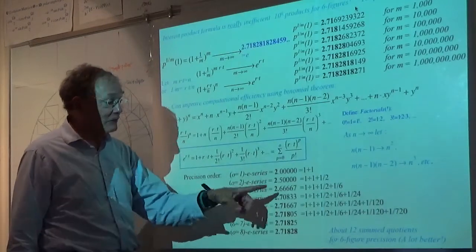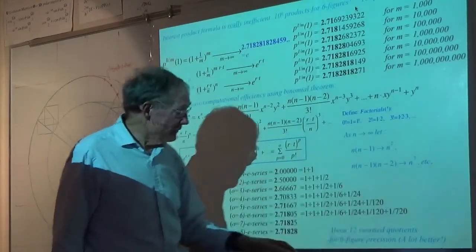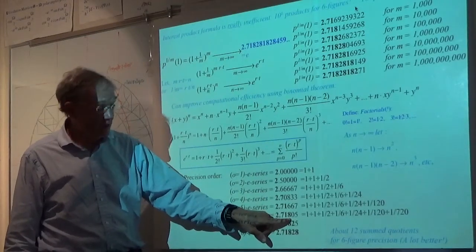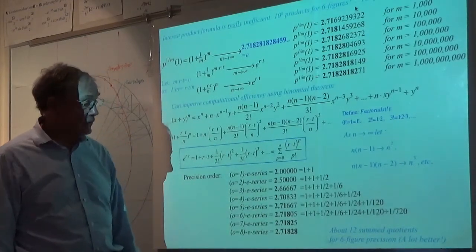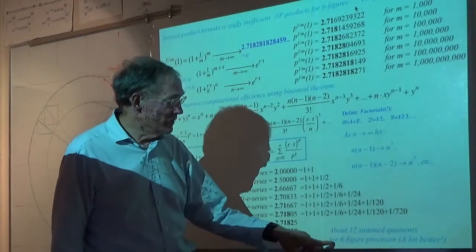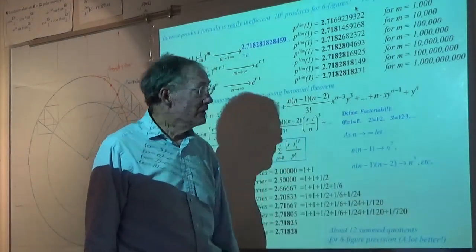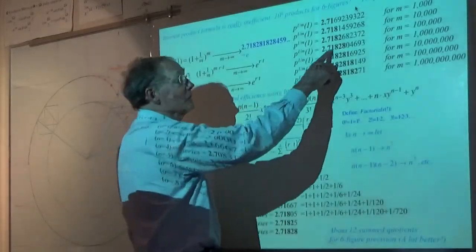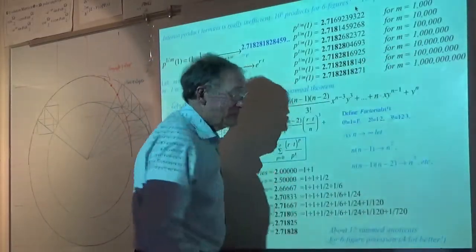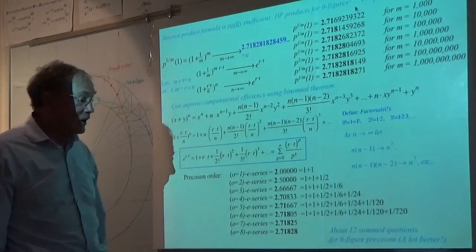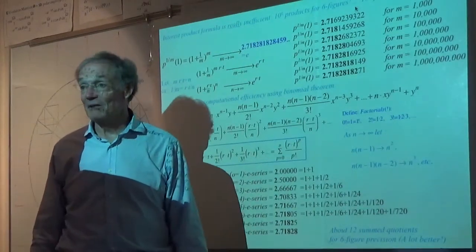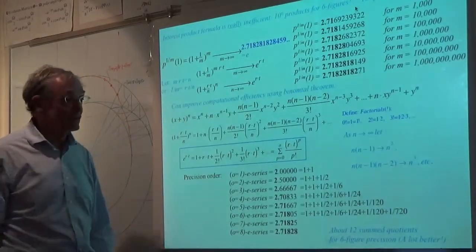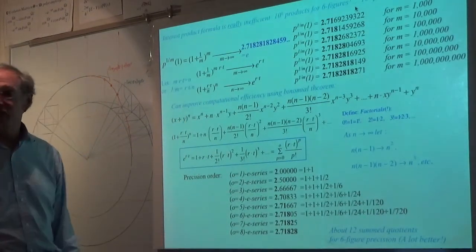Here I only have to do this much arithmetic to already get 4-figure precision. So about 12 terms for 6-figure precision. That's a lot better than what it took to get 6-figure precision here. It took a million compared to roughly 12. Okay, big improvement, right? That should be appreciated, just as an arithmetic fact.